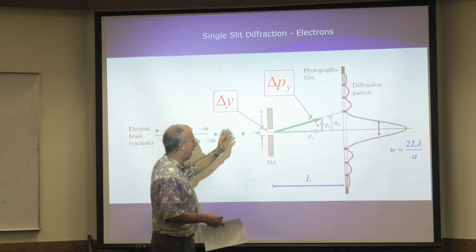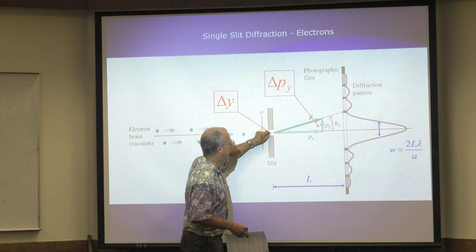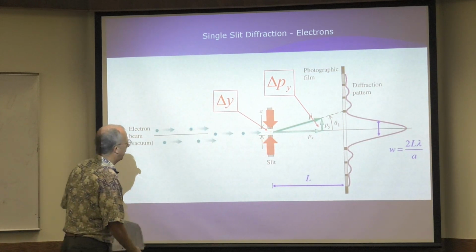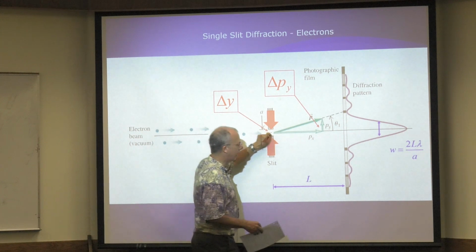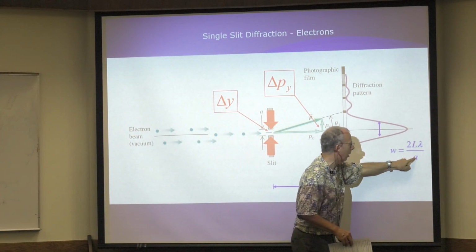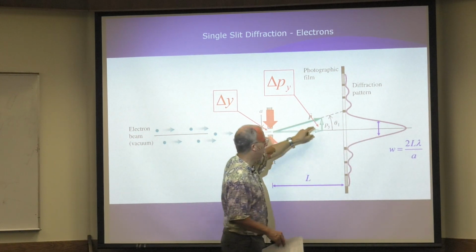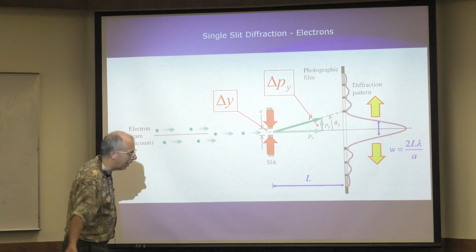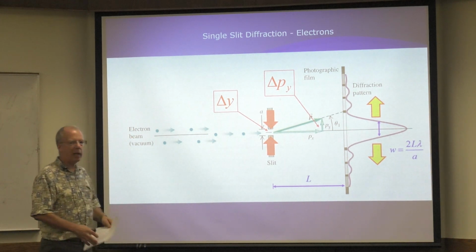Now let's say I want to reduce this delta y. So if you reduce the delta y, that means you're reducing a. If you're reducing a, this a gets smaller and smaller. What's happening to the width, which is delta py? What's happening to the width? It gets bigger. Oh, man.